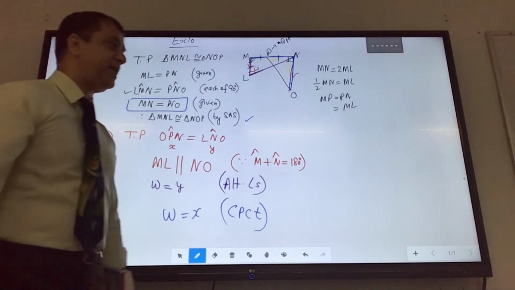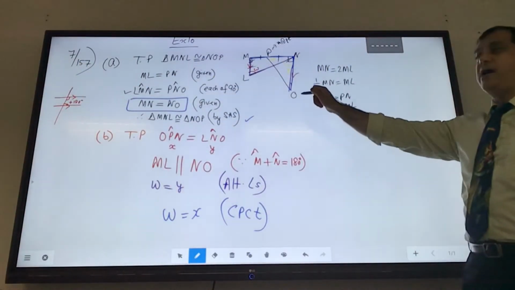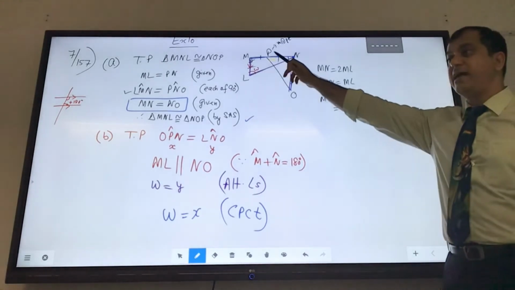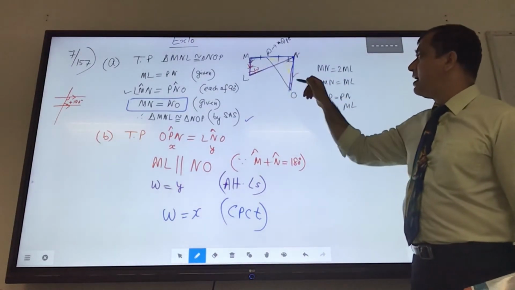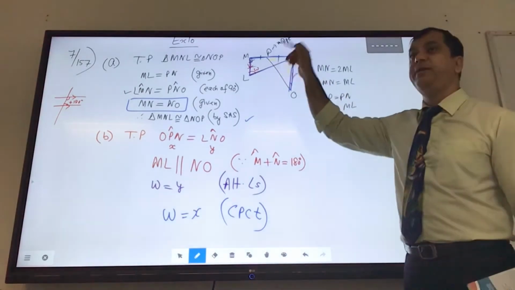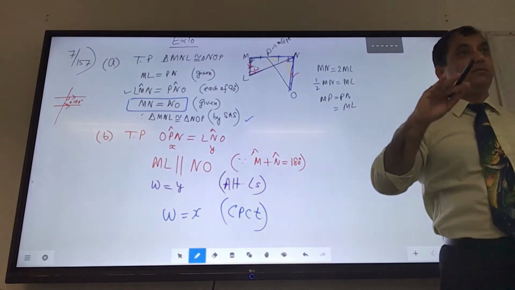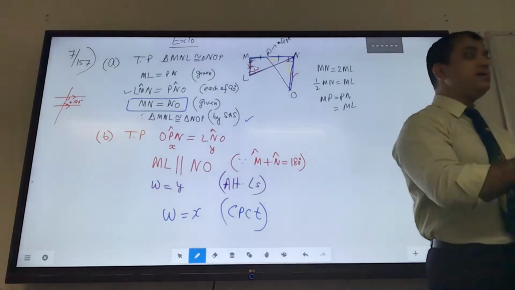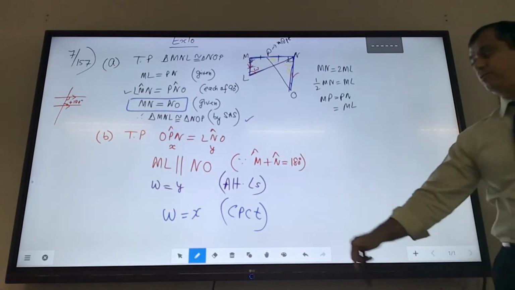The way is same. Look, two sides MN and NO are equal in these two triangles. Opposite angles to MN W and to NO X will be equal. If I write in a statement, the way is angles opposite to equal sides are equal. But this is a longer sentence, so that's why we use this CPCT.